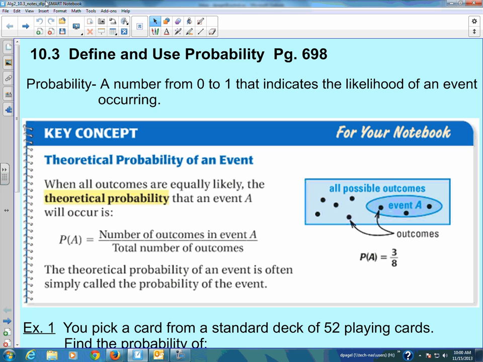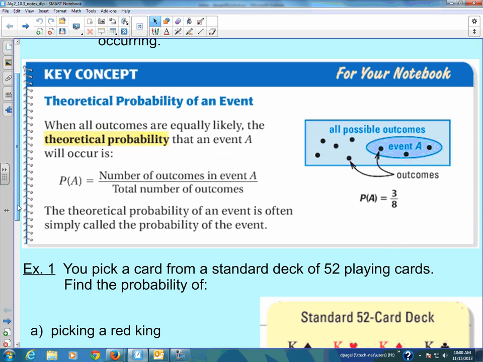Here is our breakdown of theoretical probability: it's the number of outcomes in an event A, maybe landing on heads, over the total number of possibilities. Landing on heads is one outcome, and the total number of ways a coin can land is two, so a 1 in 2 chance.